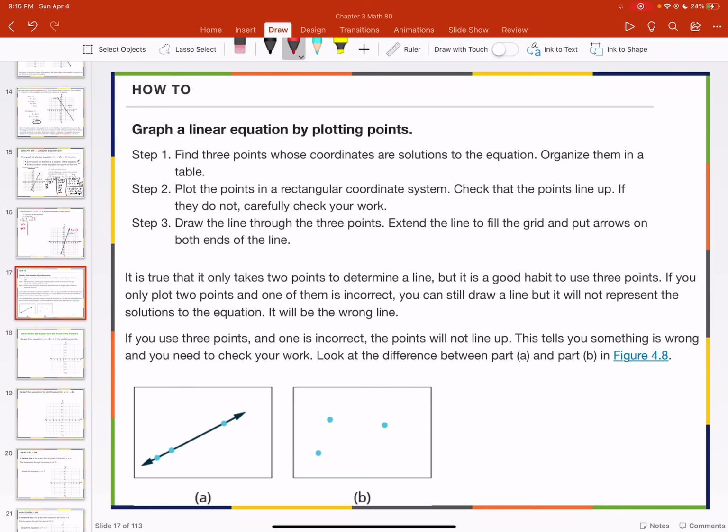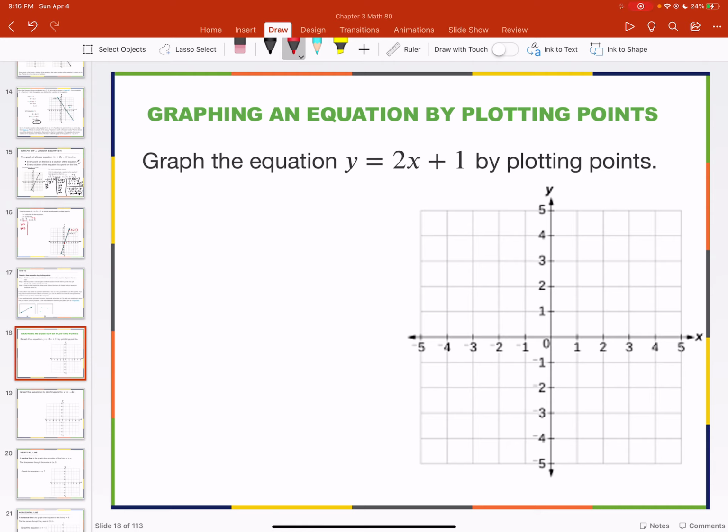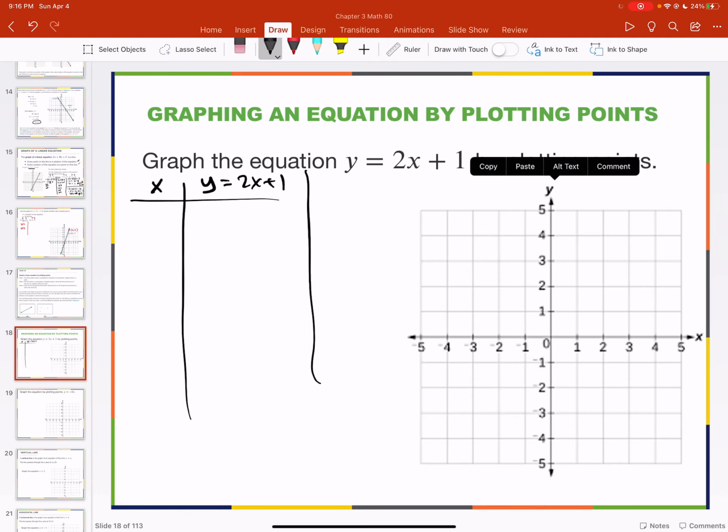So let's graph the equation y is equal to 2x plus 1 by plotting points. So we'll have a table with x and y, where y equals 2x plus 1. And then the last thing will be, we'll put them together.